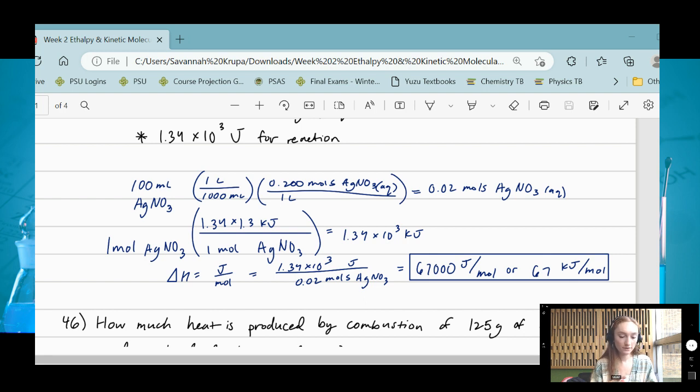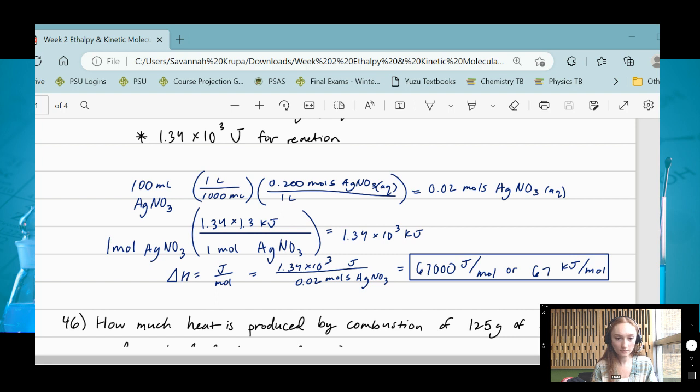And so when we look at the equation here, we can see how there's 1 mole of every single thing. So there's a 1-to-1 ratio. So for every 1 mole of the AgNO3 aqueous, there's going to be 1 reaction of energy. The reaction that was given right here, the 1.34 kilojoules. So it's just a 1-to-1 thing.